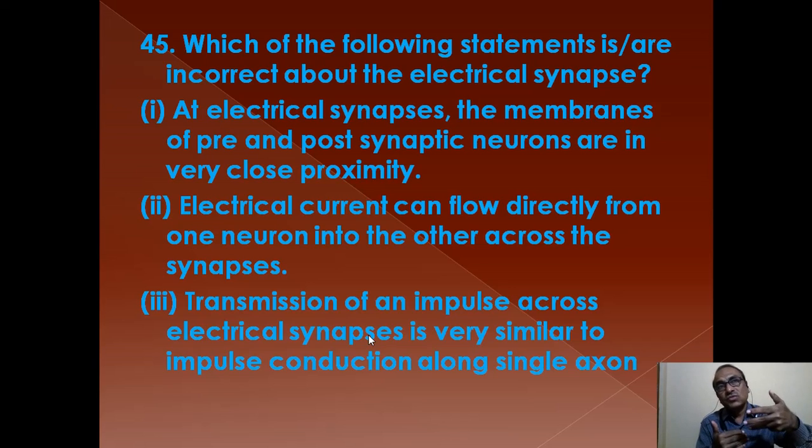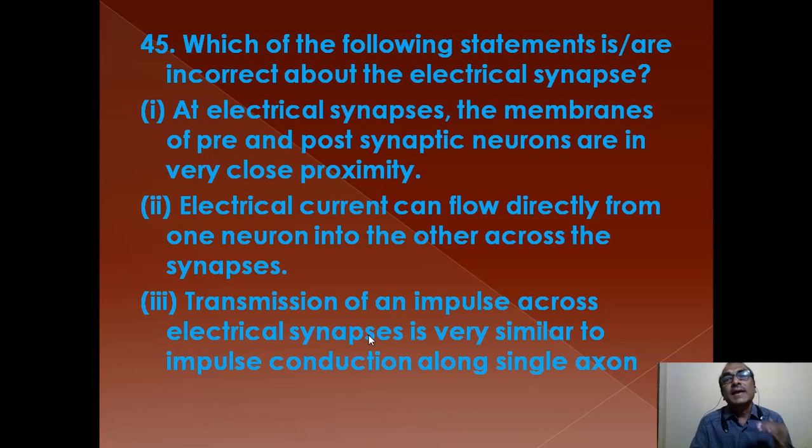The axon endings of one and the dendrites of the other neuron are in connection, but the synaptic cleft is very, very narrow here. So therefore there is no need of any chemical or neurotransmitter. Directly the electrical signals from one neuron to another neuron will be passed on. So keep in mind this concept, and let's read out the statements.